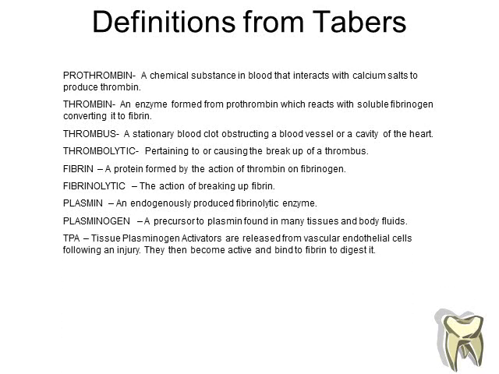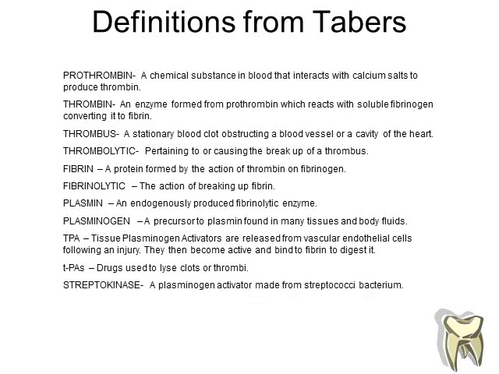TPA, which is a tissue plasminogen activator. They're released from vascular endothelial cells following an injury. Then they become active and bind to fibrin to digest it. TPAs are drugs used to lyse or break up clots or thrombi. And streptokinase is a plasminogen activator made from Streptococci bacterium.